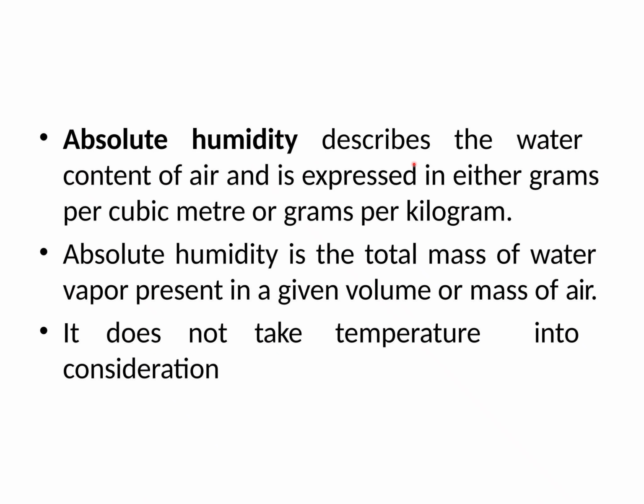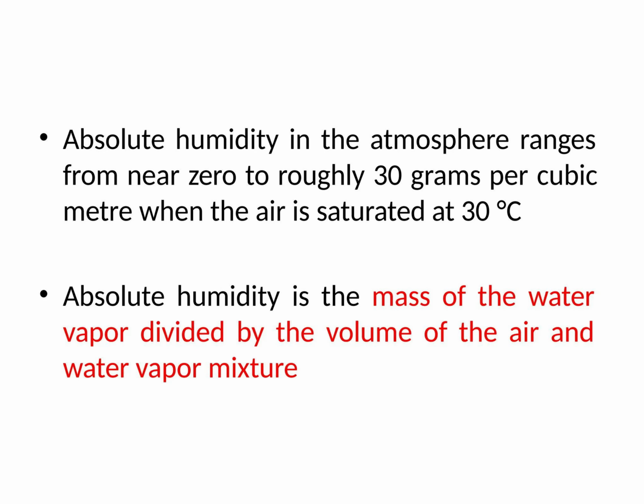So absolute humidity describes the water content of the air and is expressed in either grams per cubic meter or grams per kilogram. Absolute humidity is the total mass of water vapor present in a given volume or mass of air. It doesn't take temperature into consideration, and this is the basic difference between relative humidity and absolute humidity. Absolute humidity in the atmosphere ranges from near zero to roughly 30 grams per cubic meter when the air is saturated at 30 degrees Celsius.